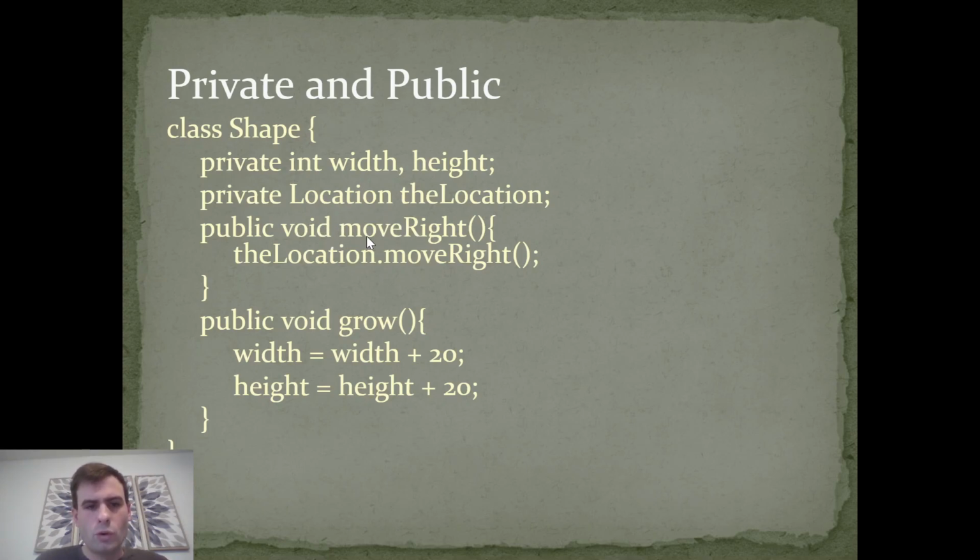And we have void move right, so it moves location move right, and void grow, changing the width and the height by 20 each. So the big thing here is that you want to keep your declaration of variables private, but your methods public.